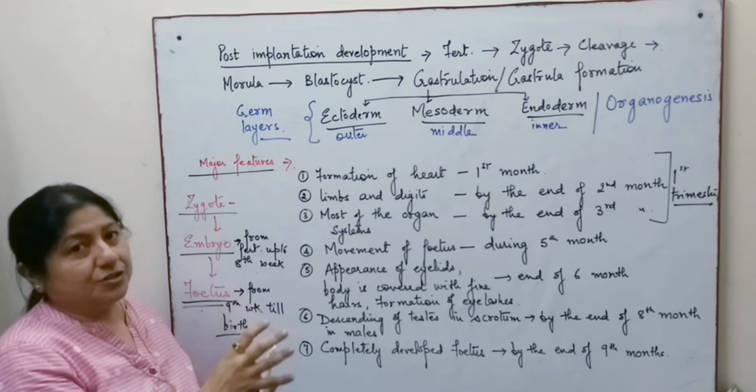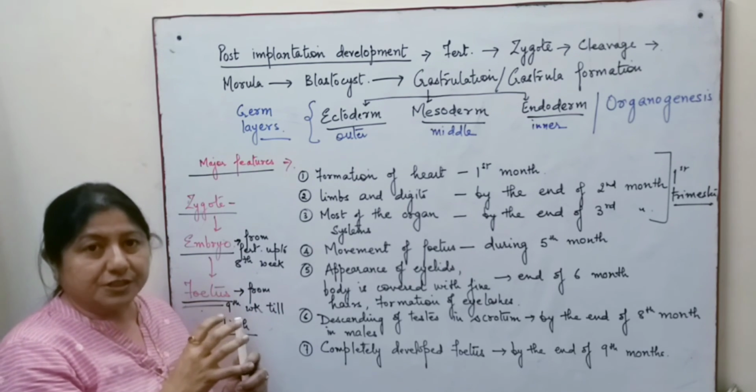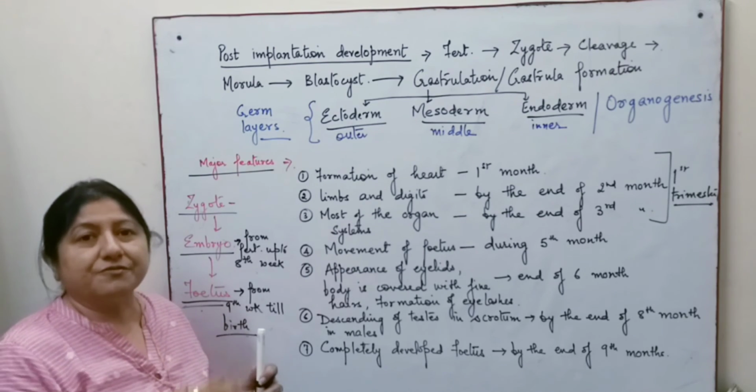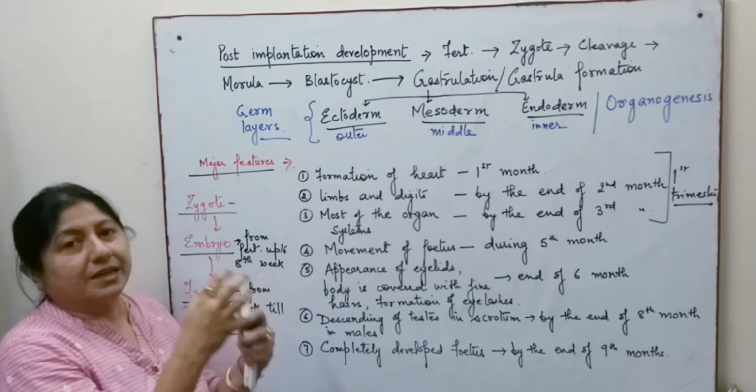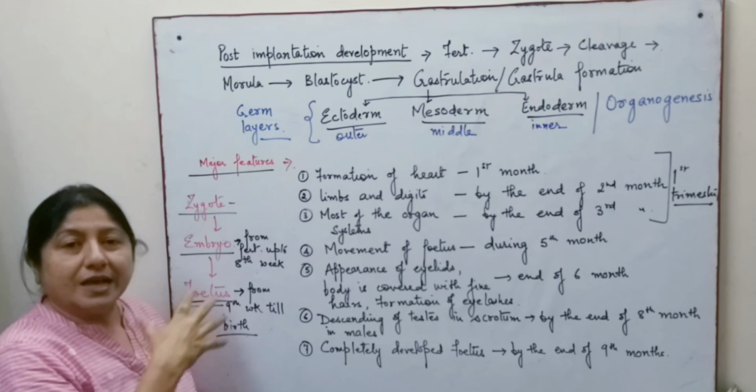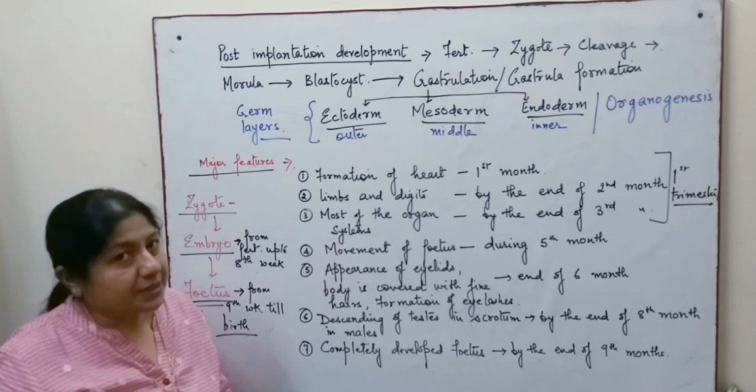The implantation is very important during this entire cycle of pregnancy, where the chorionic villi mix with the endometrium so as to facilitate the formation of the placenta.